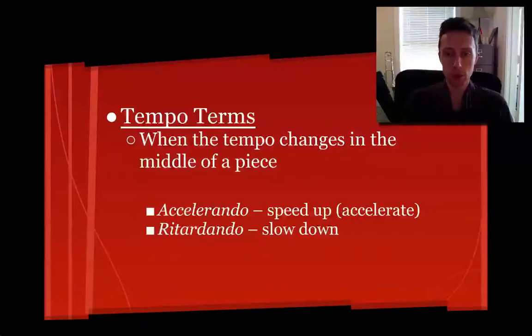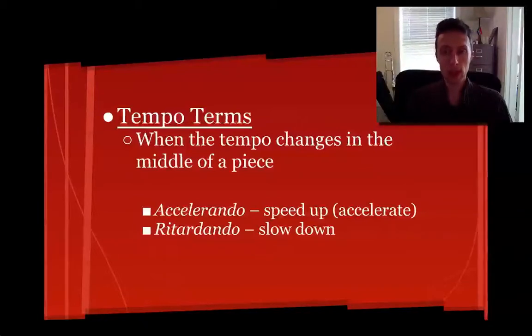As you can sort of piece together, it's from the same word as in English, accelerate, to get faster. And then if a composer wants to start a piece very fast, let's say vivace maybe, and then slow down to adagio, he or she would write ritardando, which means to slow down.